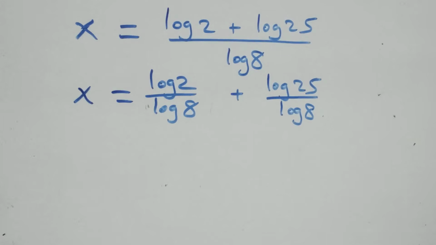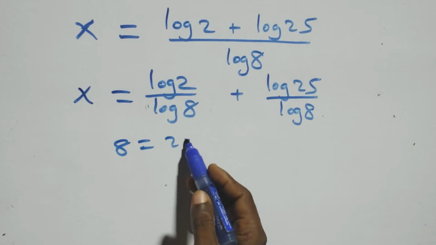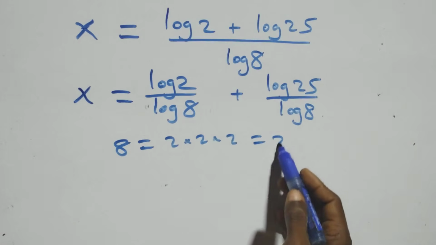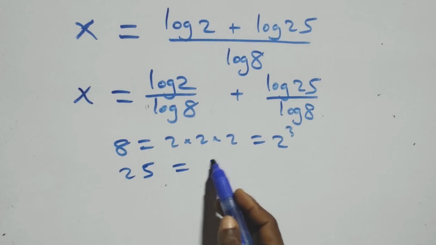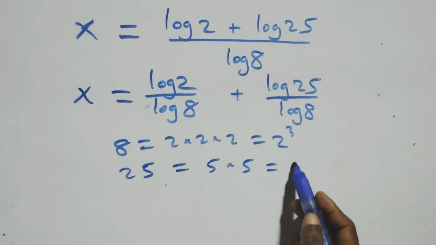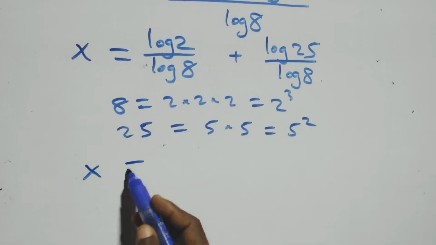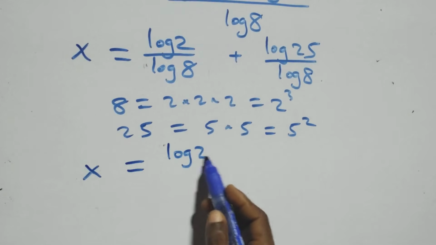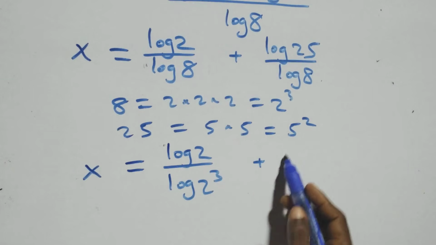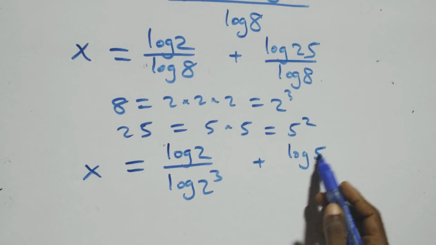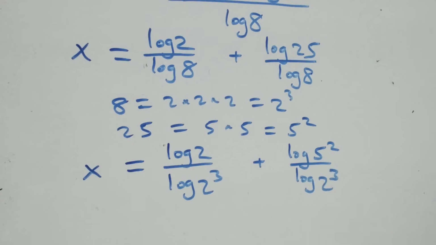From here, we can express 8 as 2 times 2 times 2, that's 2 raised to the power 3, and also 25 as 5 times 5, which is the same thing as 5 squared. That is, what we have becomes x equals log 2 over log 2 raised to power 3 plus log 5 squared over log 2 raised to power 3.